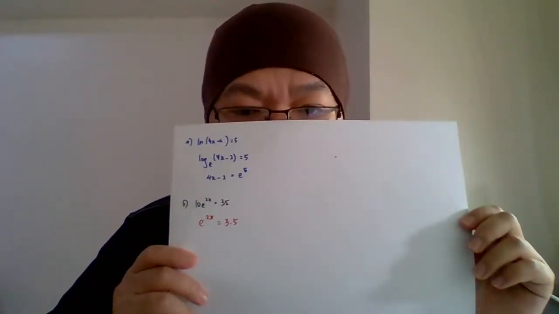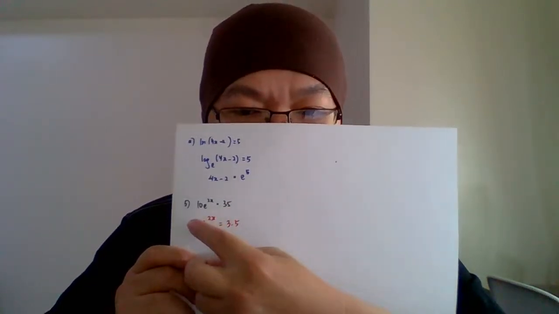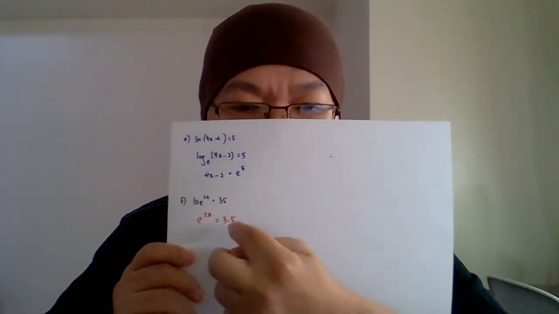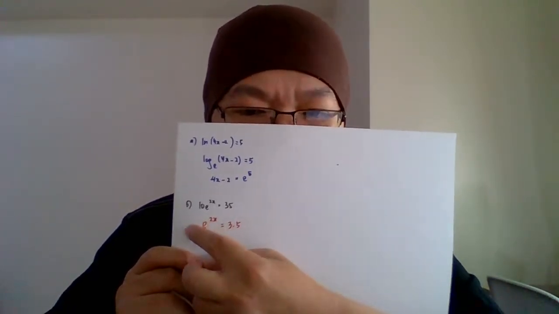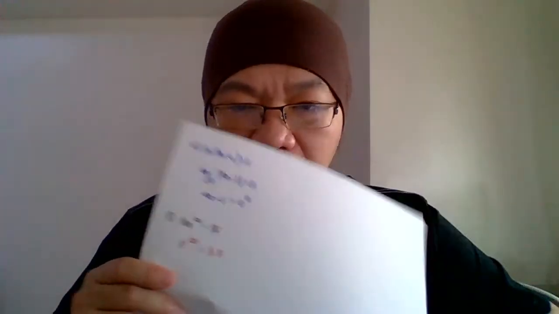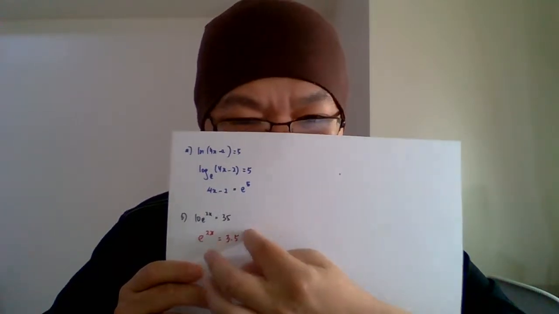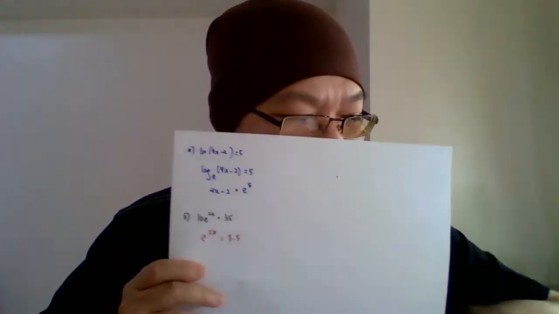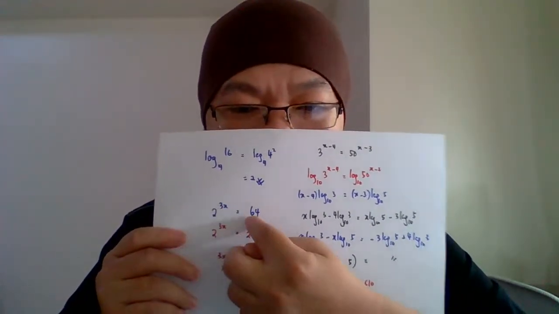Okay, guys, you want to solve the problem, you want to find x, right? So what we can do is put ln on both sides. We put log e, or another name, ln, on both sides, because we cannot convert 3.5 to become e power something. Similar to this case, where we had 2 power something equals 64.